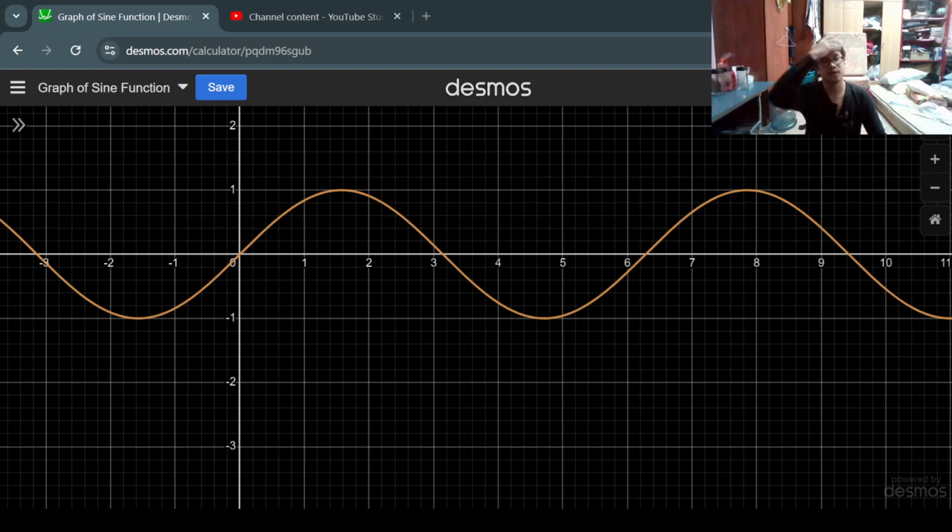Wait, sorry. Forgive me. When I said exclusive, it means -1 and 1 are not included. I meant inclusive. When I say inclusive, that means not only the numbers between -1 and 1 are included, but so are -1 and 1.